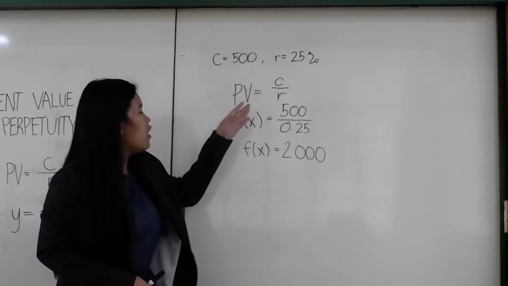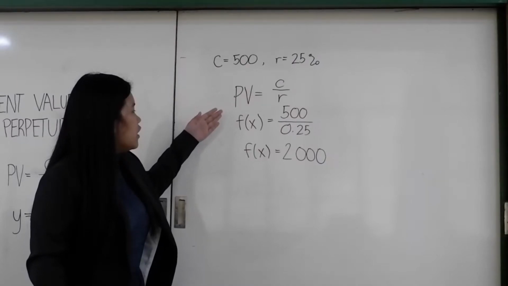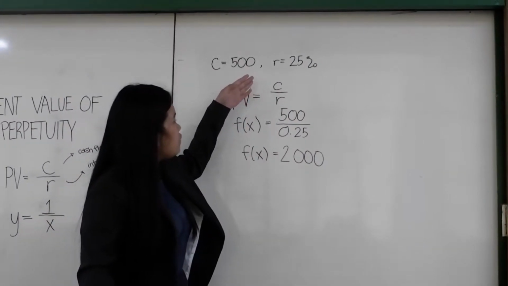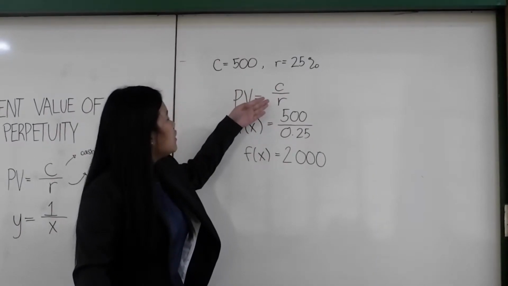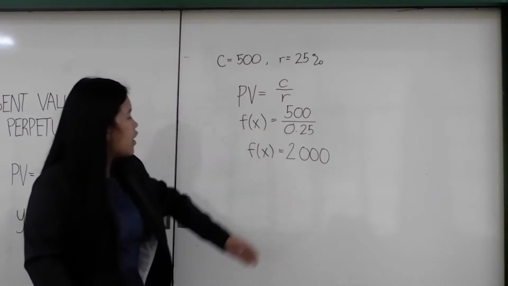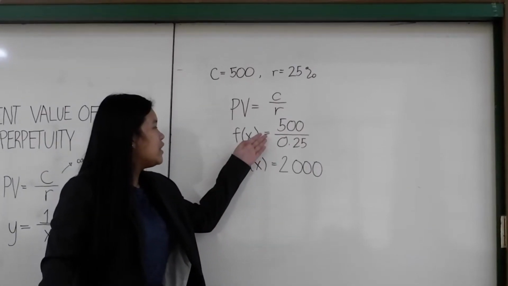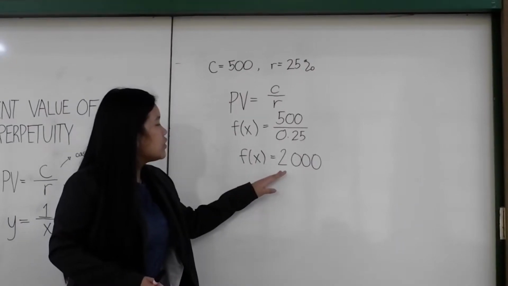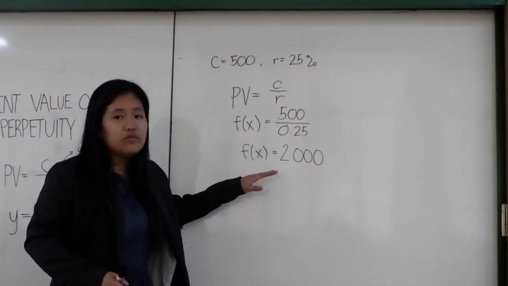PV is equal to C over R, where PV is considered as f of x. Substituting the value of C, 500, and the value of R as 0.25, when you divide these two numbers, it becomes 2,000. So f of x is equal to 2,000.